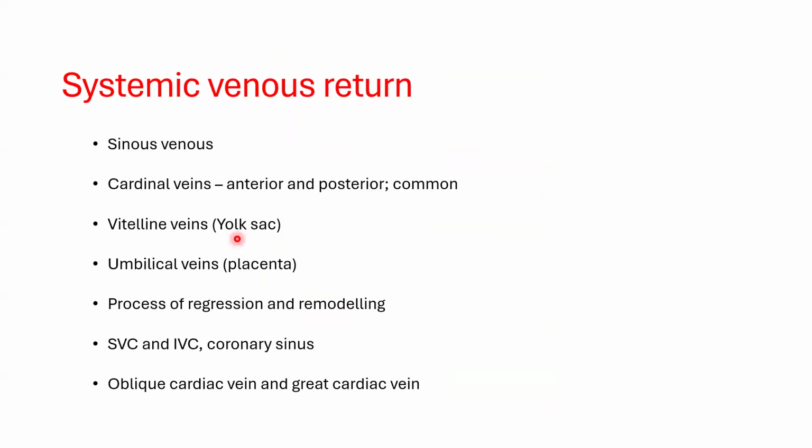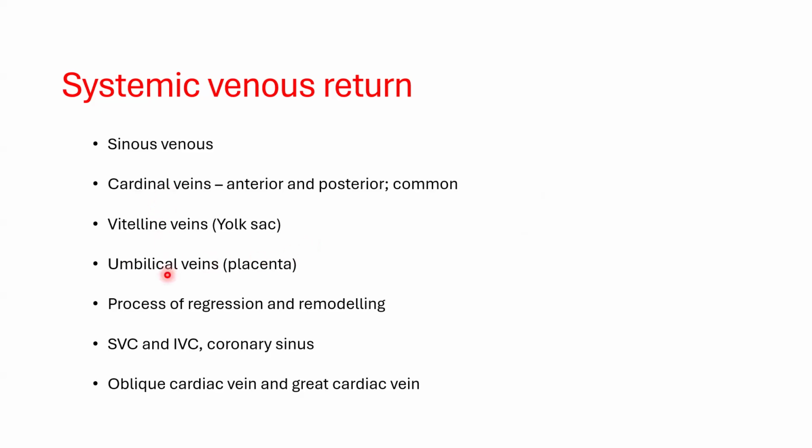Okay, and then this sinus venosus connects to a series of precursor veins around the primitive heart, which include the cardinal veins, the vitelline veins, and the umbilical veins. These three sets of veins in the early fetus are what drain blood from the placenta, the yolk sac, as well as the anterior and posterior aspects of the fetus.